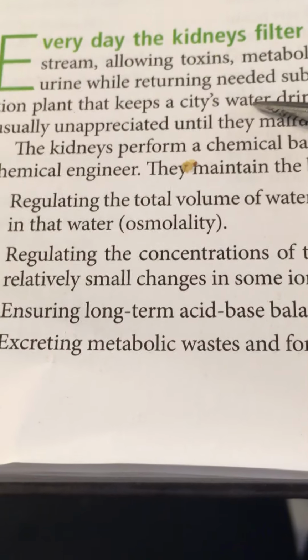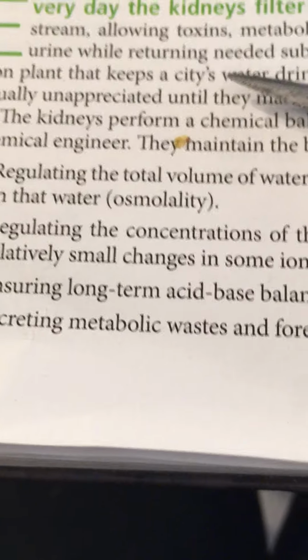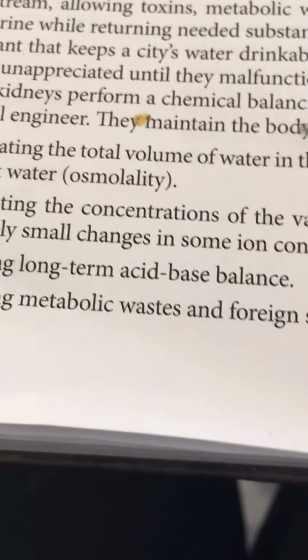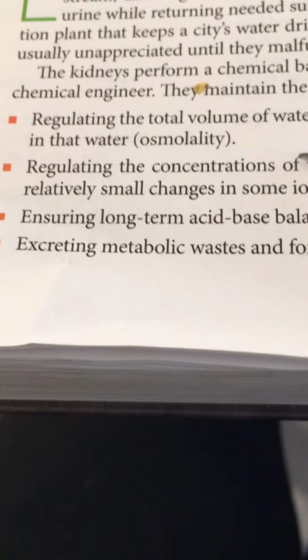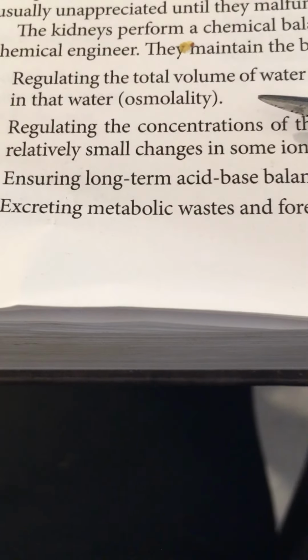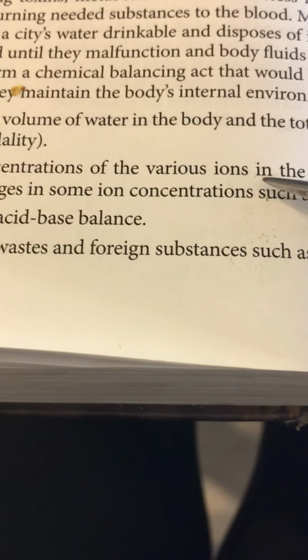And pretty much we're going to have to consider the regulation of total volume of water in the body, which would be interstitial fluids, as well as the fluid of the blood and lymphatic system, regulating the concentrations of certain things having to do with tonicity.